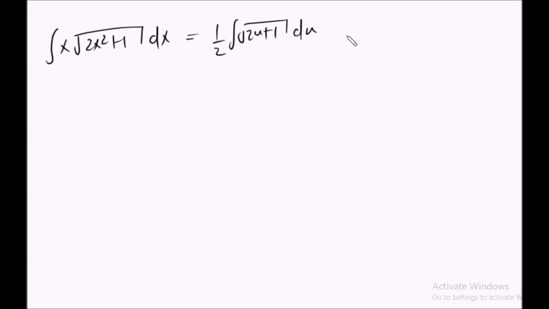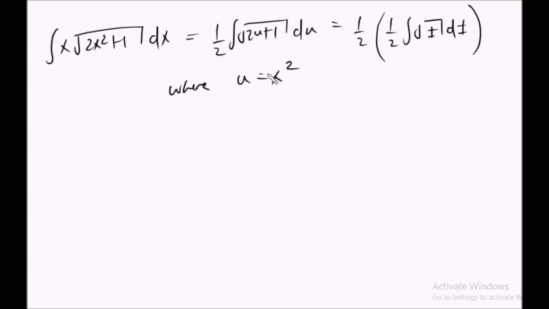We started with x(2x squared plus 1) dx, and said this will be 1 over 2 times the integral of 2u plus 1 du. But this also we said is 1 over 2 times 1 over 2 times the integral of the square root of t dt, where u is equal to x squared from the first substitution, and t is 2u plus 1.